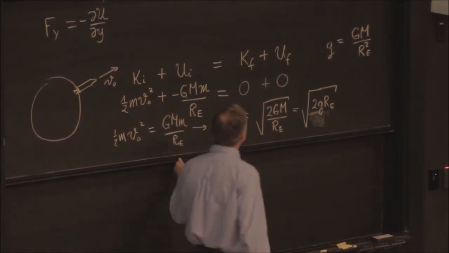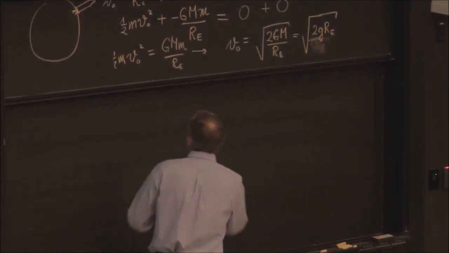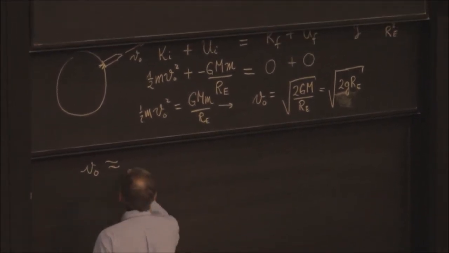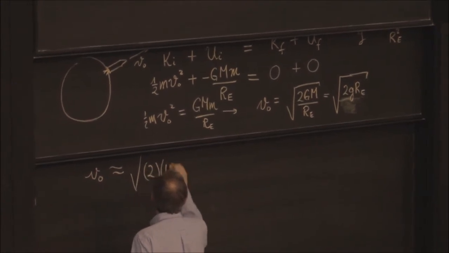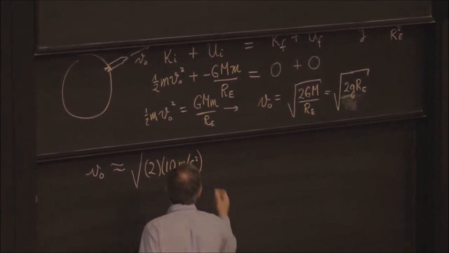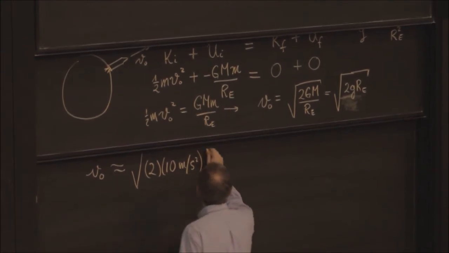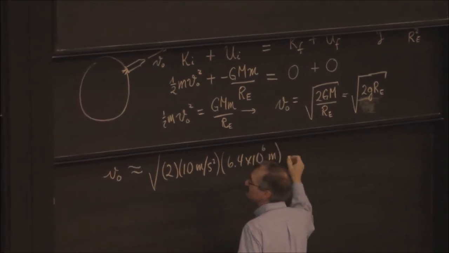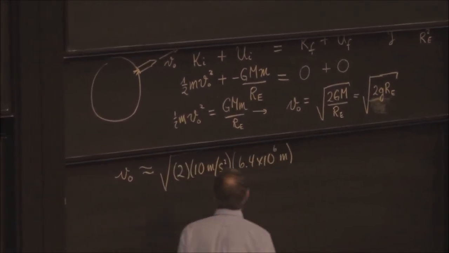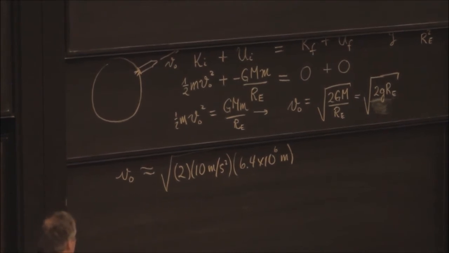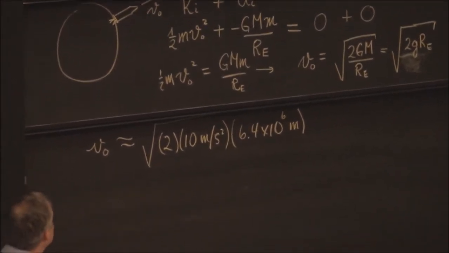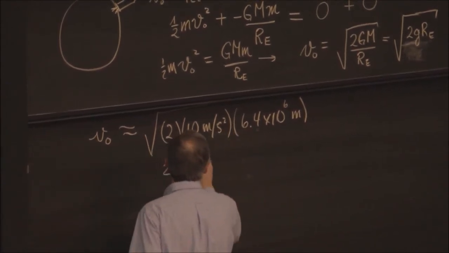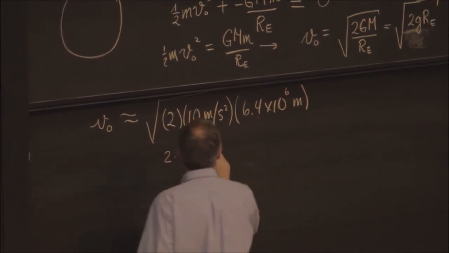So I can calculate v naught. I'll put an approximate because I'm going to be real sloppy here. Square root of 2 times 10 meters per second squared. What's the radius of the Earth? Exactly. 6.4 times 10 to the 6 meters. Okay, so if I multiply here, then I have a 2 times a 64 times 10 to the 6.